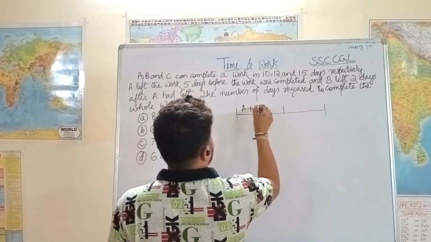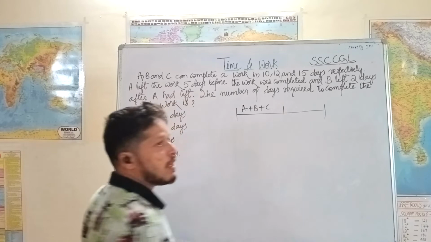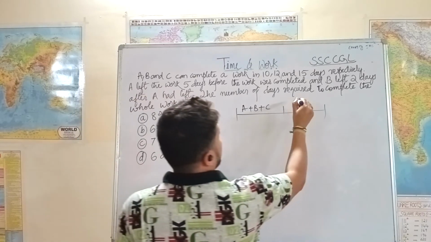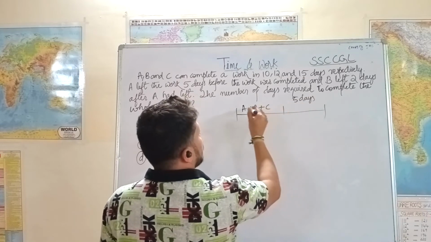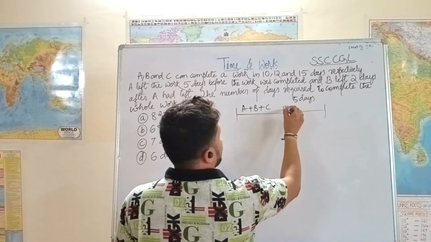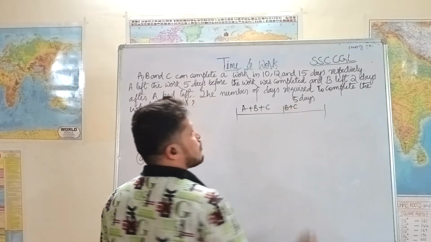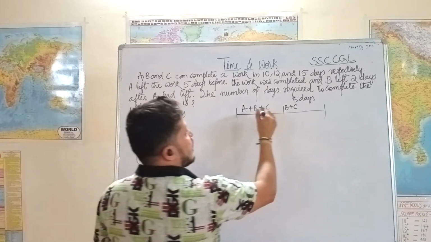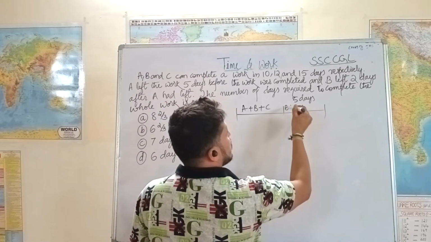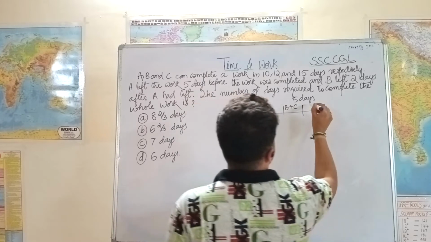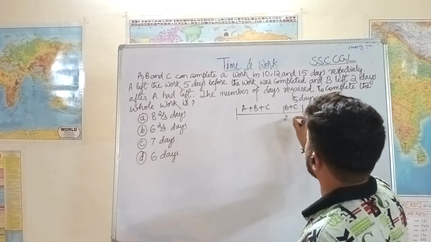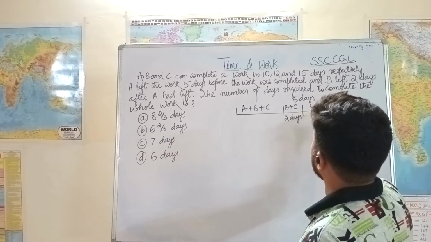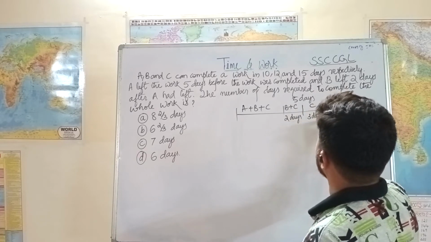A, B and C, all three started working. And when 5 days were remaining to complete the work, A left. So only B and C continued to work. And after A left, in another 2 days, B also left. So only C worked for the remaining days. That means here it was 2 days and this is 3 days.